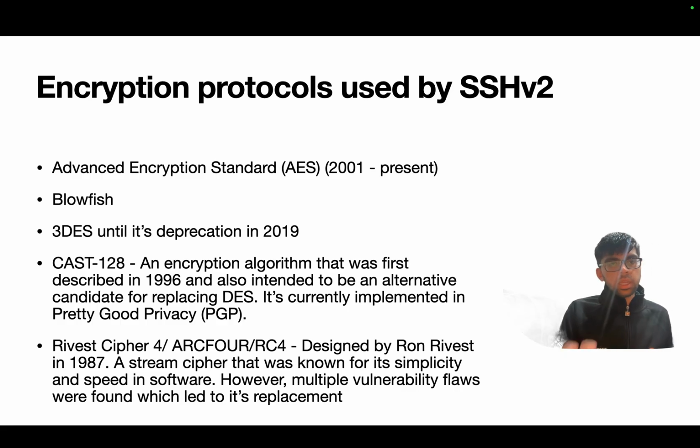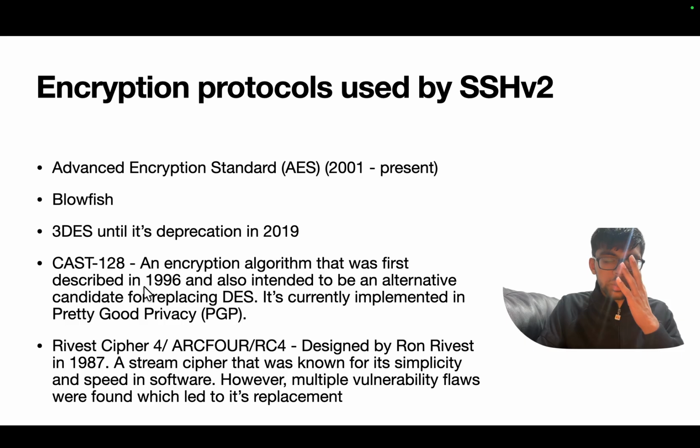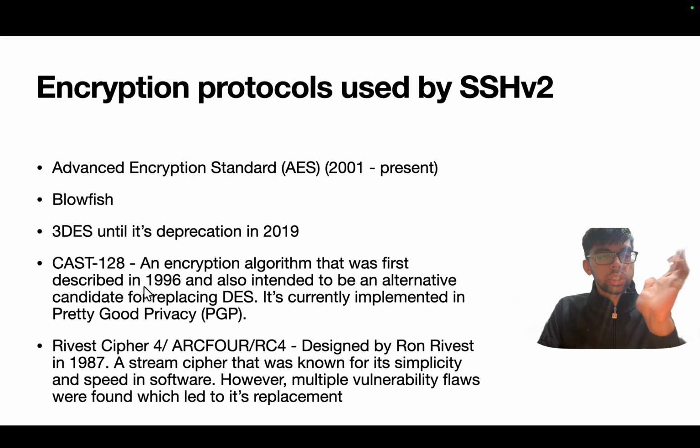Then with SSH version 2, obviously the main one is Advanced Encryption Standard, AES. But Blowfish has been used, and 3DES until its deprecation. CAST-128, an encryption algorithm first described in 1996, was also thought could be a replacement for DES. It's currently used in something called Pretty Good Privacy, PGP. I won't go too much into that.